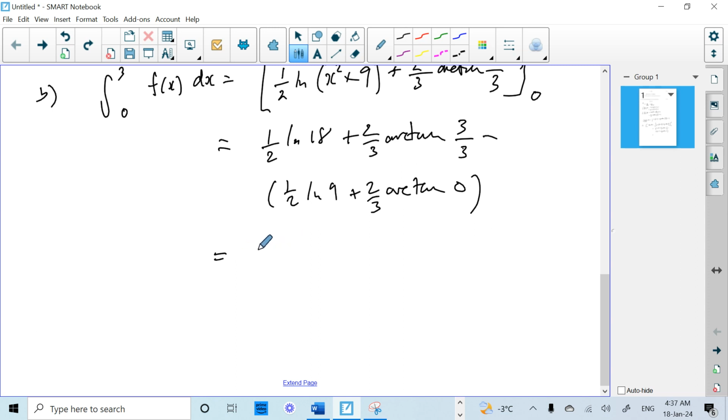When we tidy that up, that will give us a half log of 18 over 9, plus 2/3 arctan of 3 over 3.